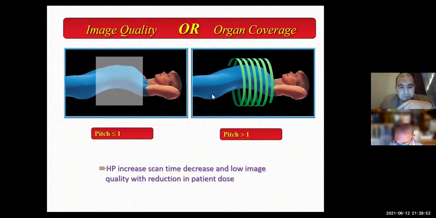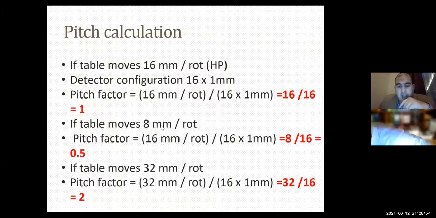Okay, so if the table moves 8 millimeter per rotation, the result will be a pitch factor of 0.5. That means the table move distance is less than the detector coverage, so there is overlapping in the beam itself.